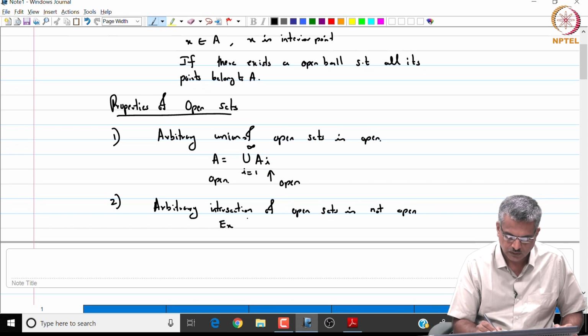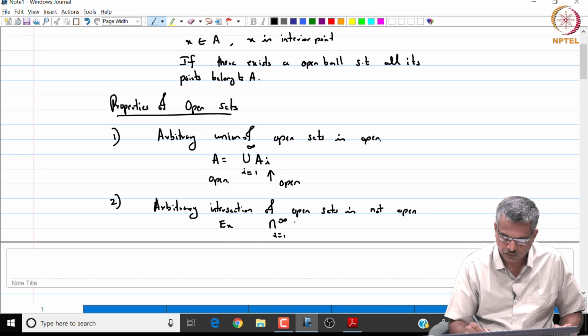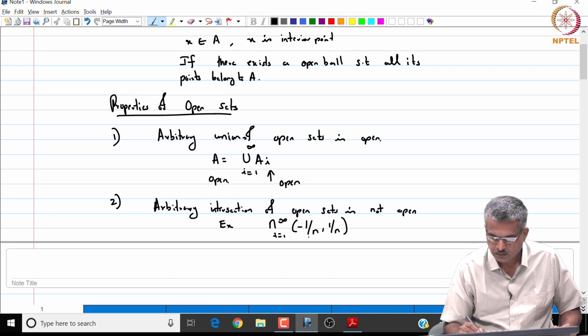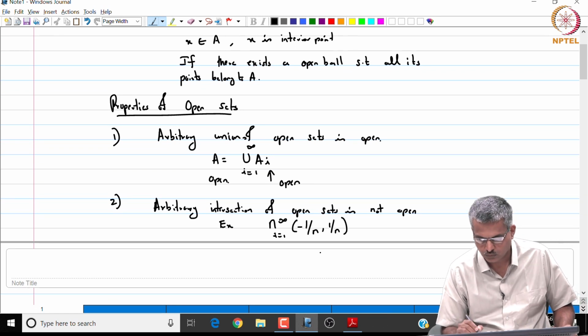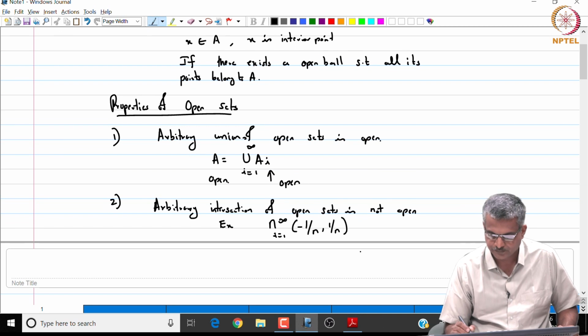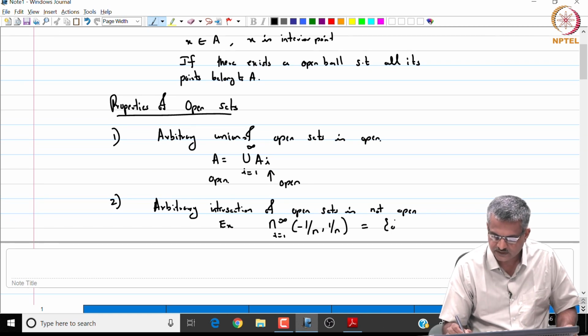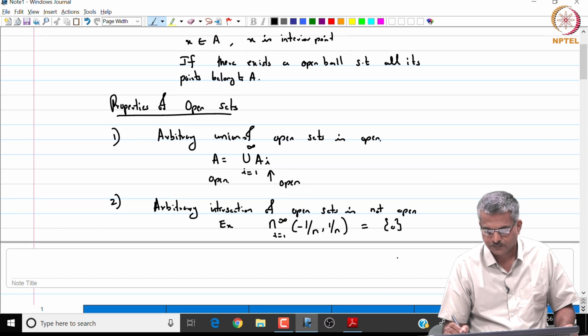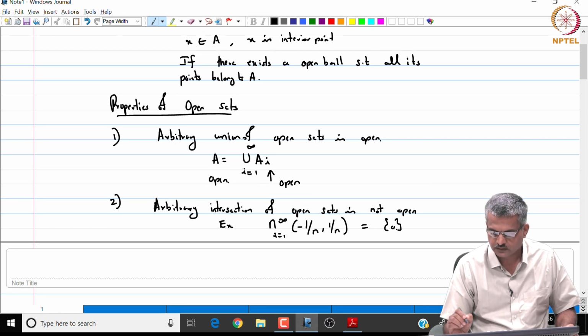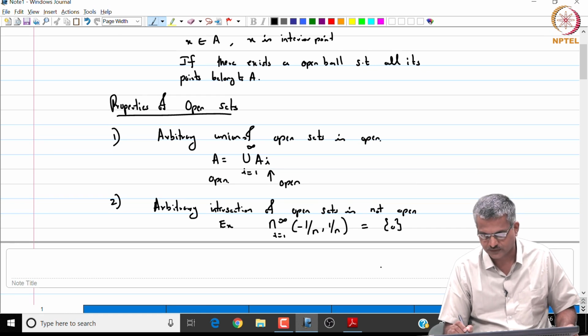Example, you take the intersection over the open intervals of the form (-1/n, 1/n), where n is an integer. So, this is nothing but the singleton {0}, and we will later on show that this is not an open set.